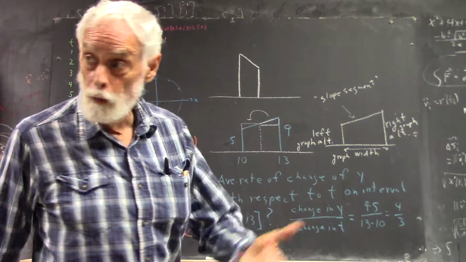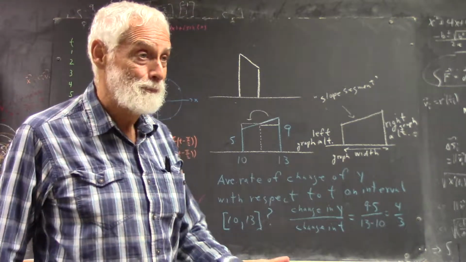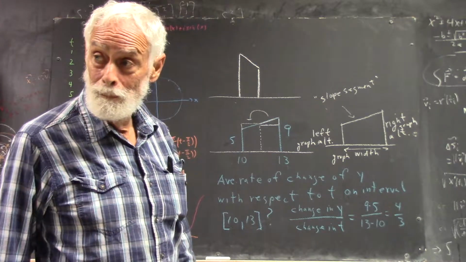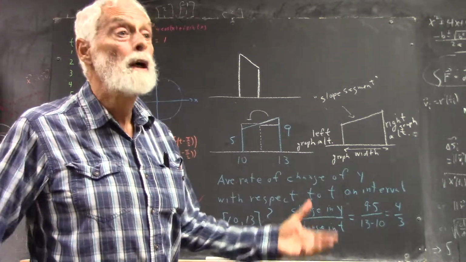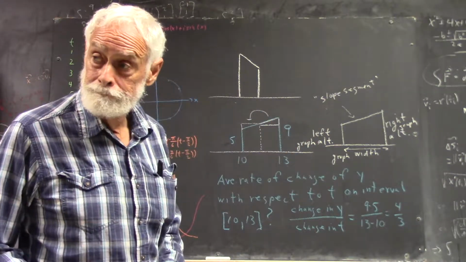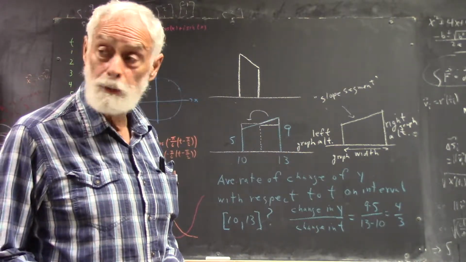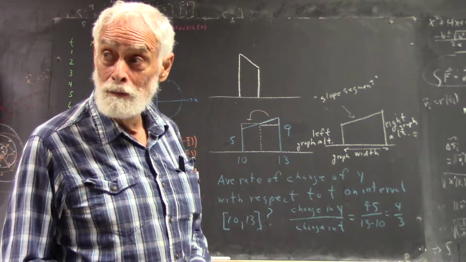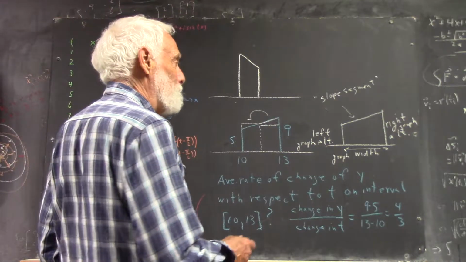Where have you seen 4/3 before? It's the average rate of change, okay? And it's the slope. So the slope represents the average rate of change. Okay? Any objection? Nah, wouldn't do you any good. Okay, that's fine, that's good.